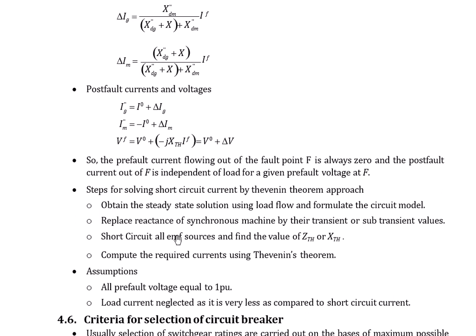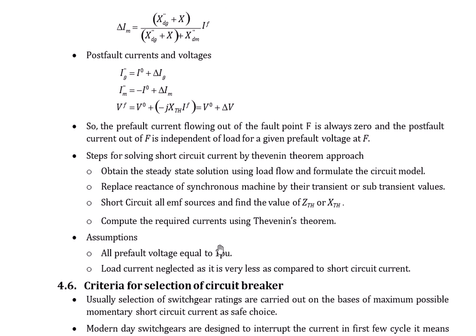We already followed these steps to calculate our XTH and ZTH, and finally we find the current. The assumption is that all pre-fault voltages equal 1 per unit, and load current is neglected as it is very small compared to the short circuit current.